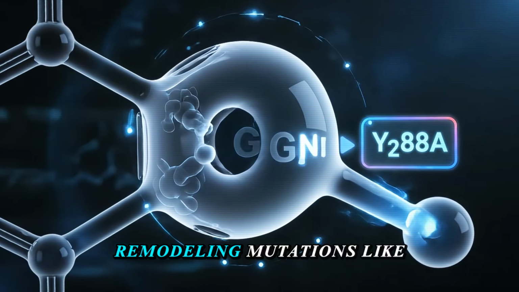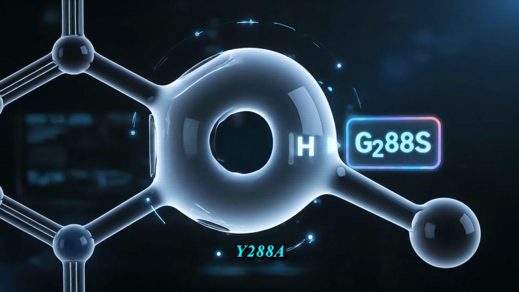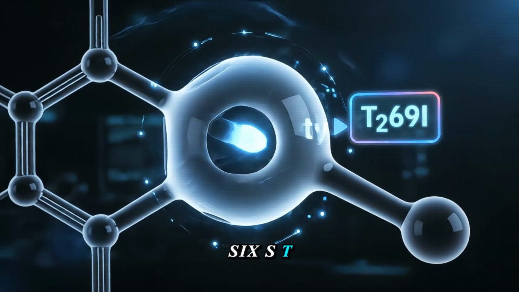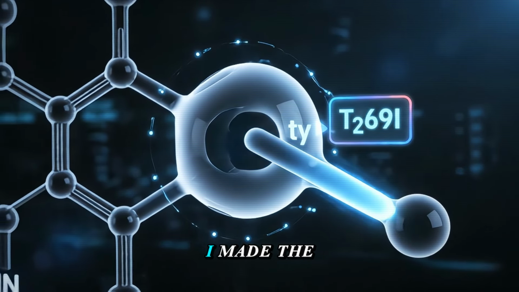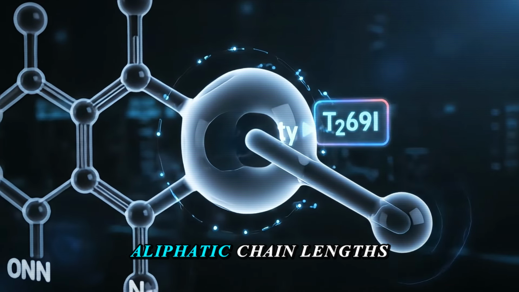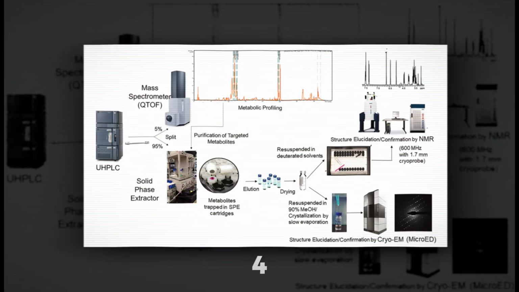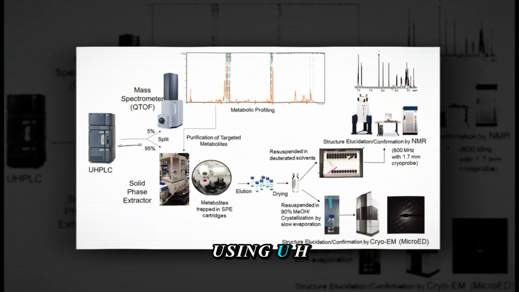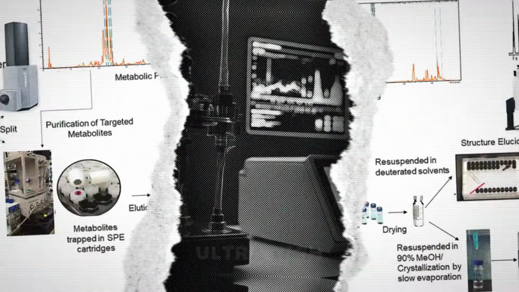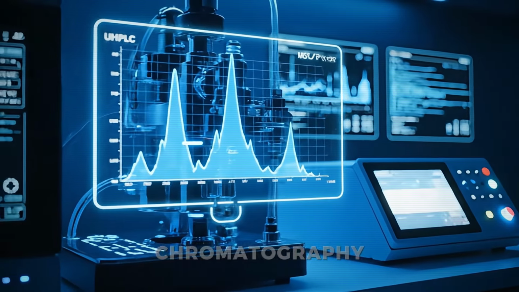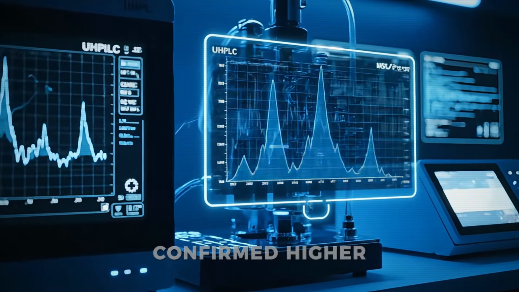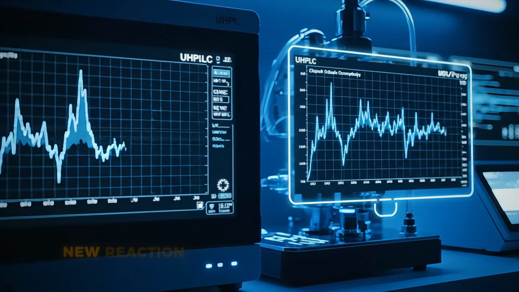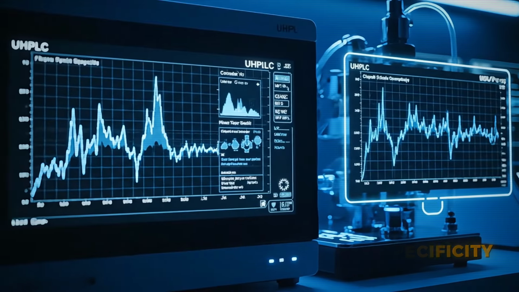Hydrophobic pocket remodeling. Mutations like Y288A, G286S, T269I made the enzyme accept different aliphatic chain lengths. 4. Multi-product screening. Using HPLC-MS, ultra-high performance liquid chromatography mass spectrometry confirmed higher yields, new reaction products, increased specificity.